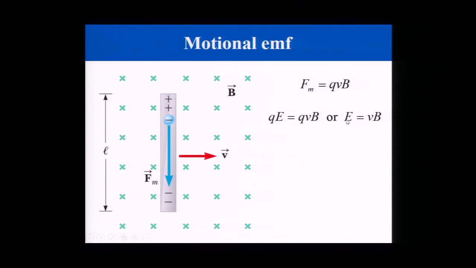So my electric field is equal to the velocity times the magnetic field. Or my magnetic field is equal to the electric field divided by the velocity. So these two things are related. Electric field is related to the magnetic field is related to the electric field. And ultimately, that fact right there is going to give us the electromagnetic spectrum, and it's going to give us light.